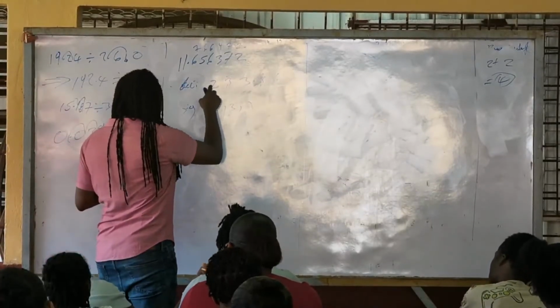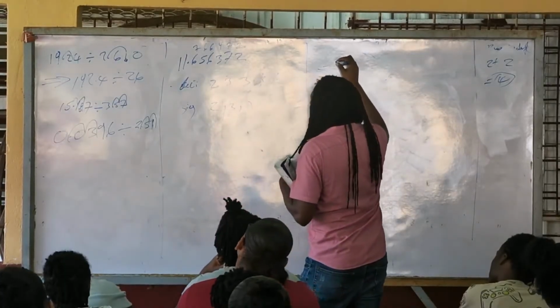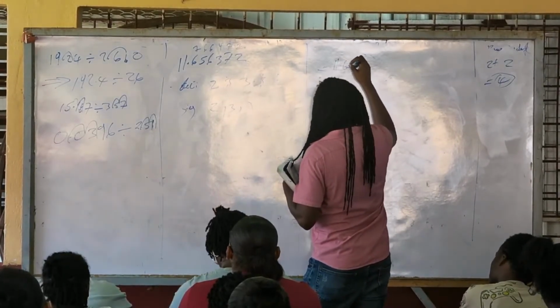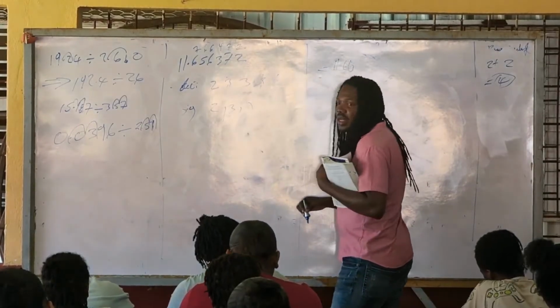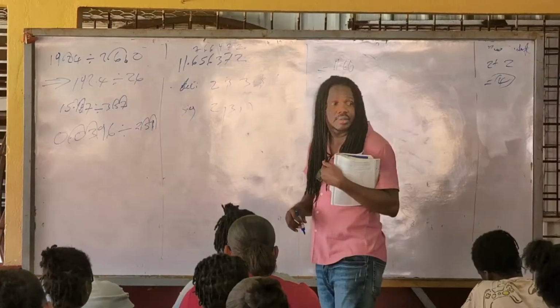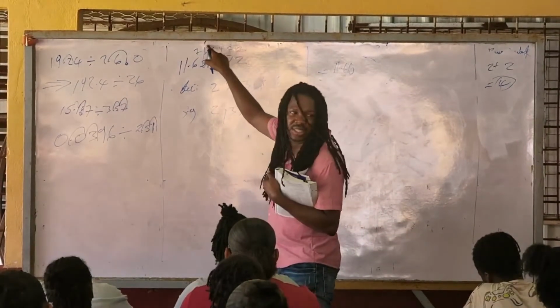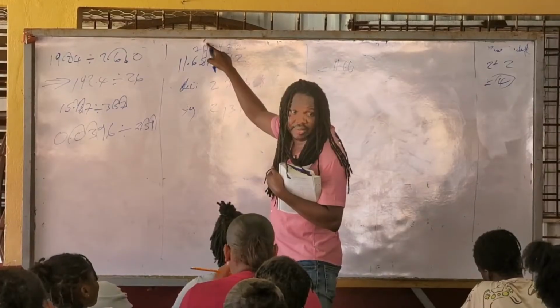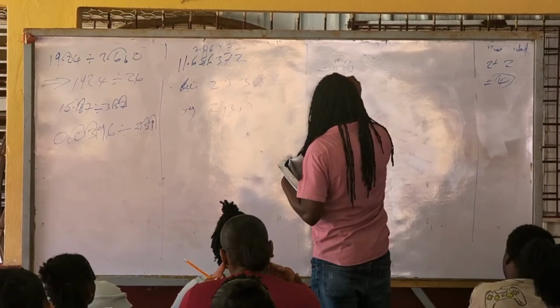So therefore, 2 decimal places equals 11.66. Everybody see that? So this decimal place, this one turns to 6. You see that? 1 decimal place, 11.7.